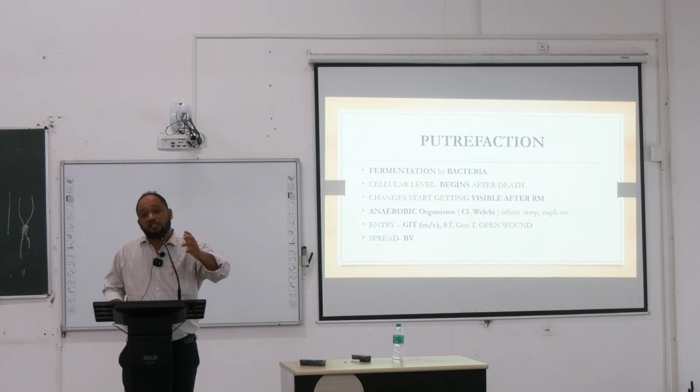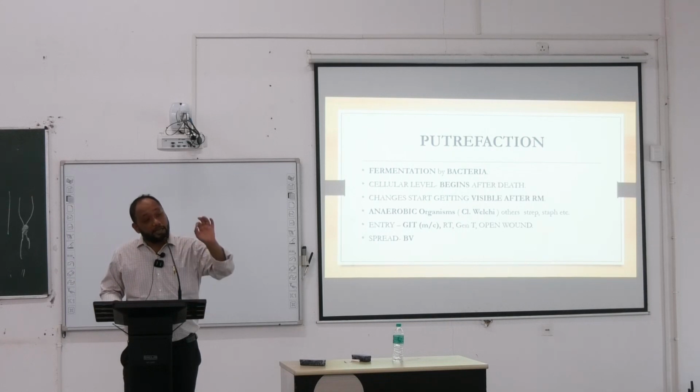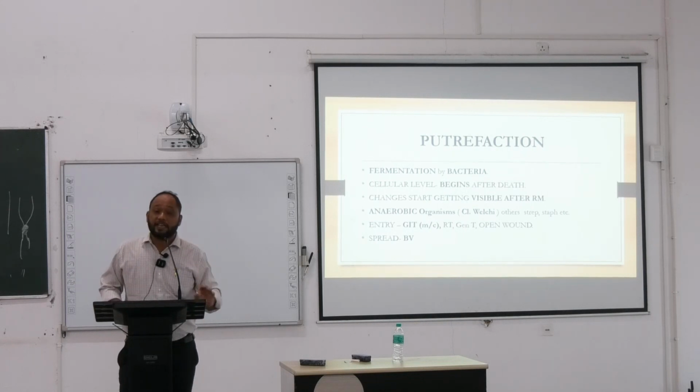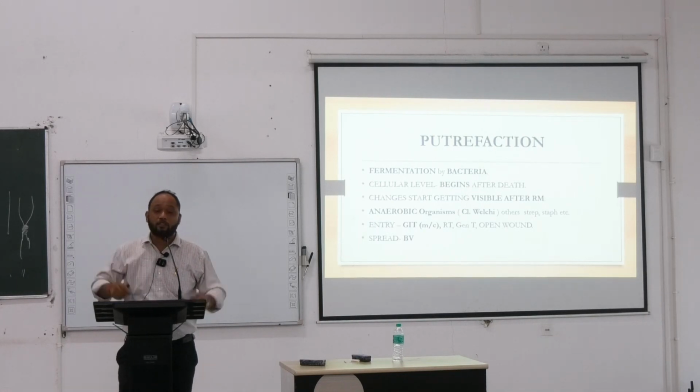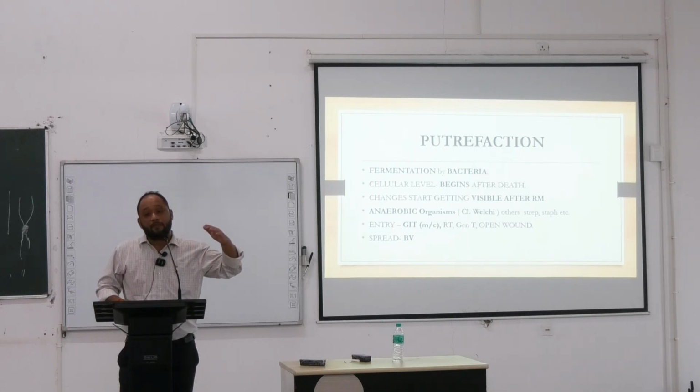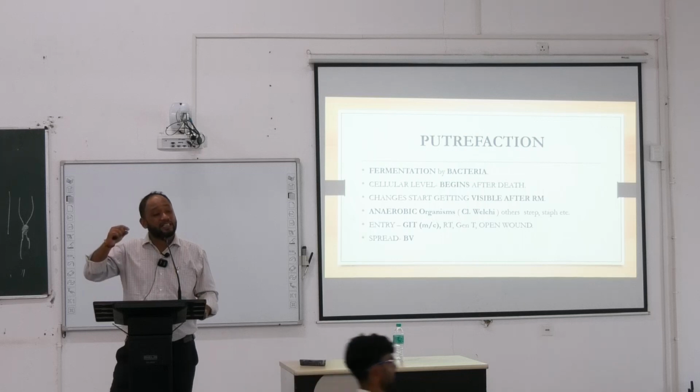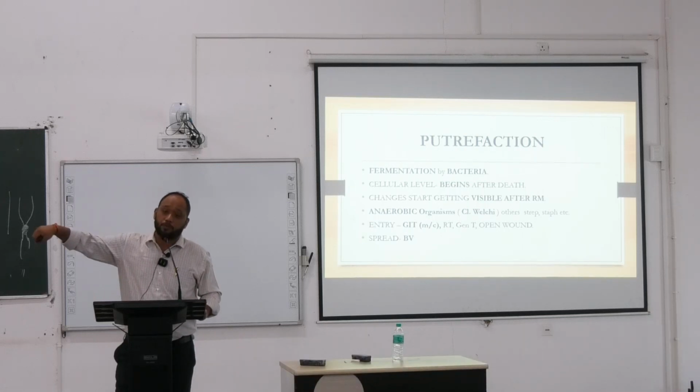So bacteria will start growing. This overgrowth of bacteria starts at 4 hours after death, and within 24 to 30 hours it will peak, and after that the bacterial growth will decrease. Okay, 4 hours is not written here, so let me mention it on the slide. Bacterial growth starts at 4 hours, peaks at 24 to 30 hours, and then it drops.